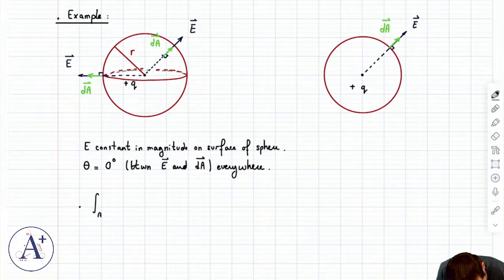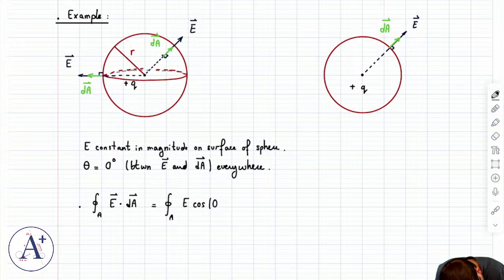So let's compute the flux over the closed sphere of our electric field. That's the integral over the closed surface of E dot dA. That's going to be the integral over the closed surface of E cosine of theta, which is 0, dA. Okay.